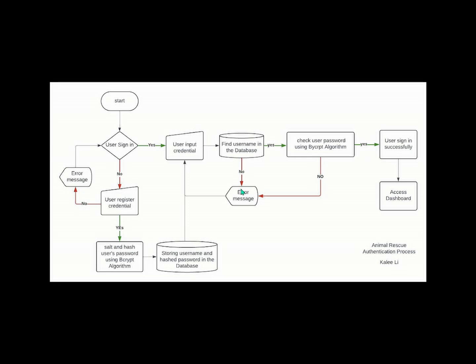If the username is not found, or if the password is incorrect, then we'll display an error message. Or if the user enters a credential that does not fit the criteria for registration, it will also display an error message letting the user know and return back to the user interface where they have to re-enter the credential for sign-in or registration.